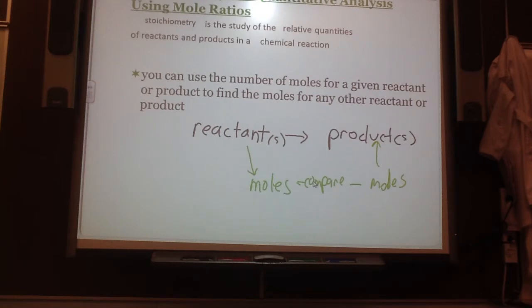What do we have in a chemical formula that helps us give reference to comparing different reactants or products? Coefficient in front of the chemical, whatever it is, compound or element.